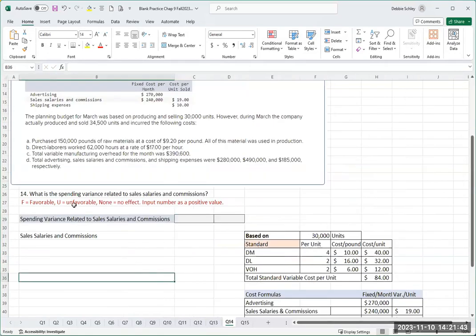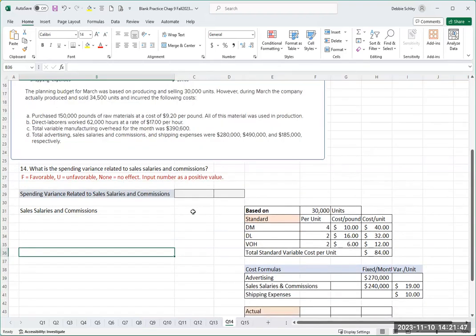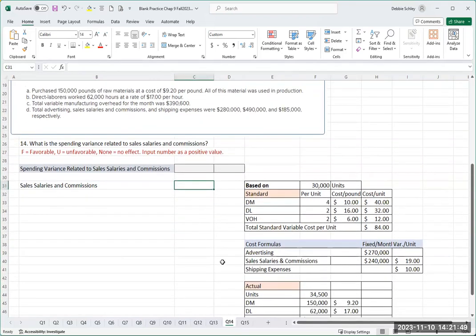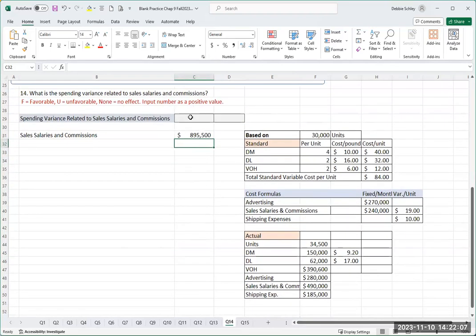Question 14, what is the spending variance related to sales, salaries, and commissions? So if you'll recall, on my budget, it was going to be that fixed portion plus parentheses 19 times 34,500, a total of 895,500.